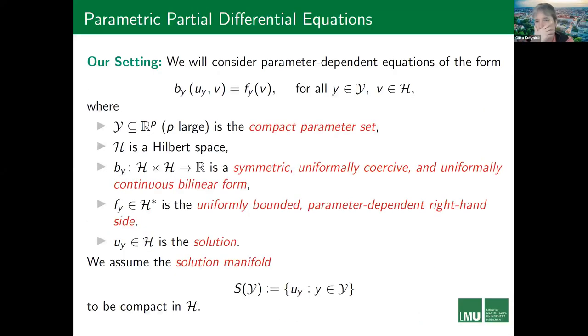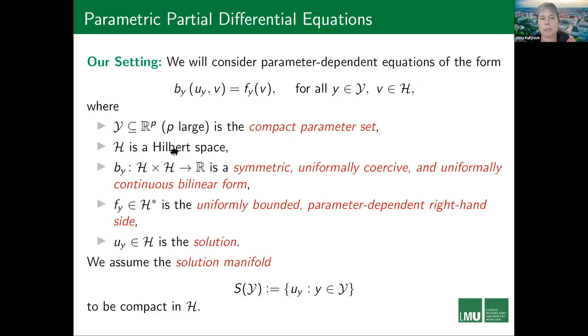But let's be a bit more specific. We'll look now at this variational form. Here you have again the right-hand side. You have, as is customary, a bilinear form B_y applied to u_y and v. So my parameter set is in R^p. p can be extremely large, so that's the high dimension I'm facing.